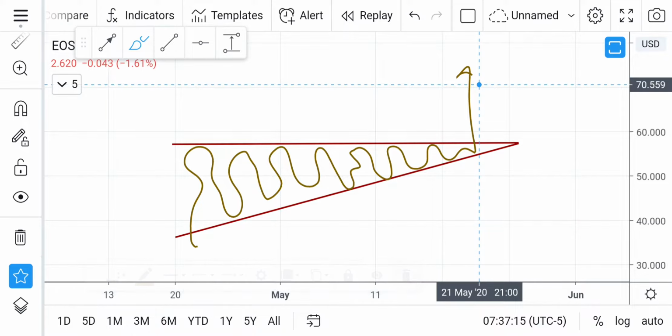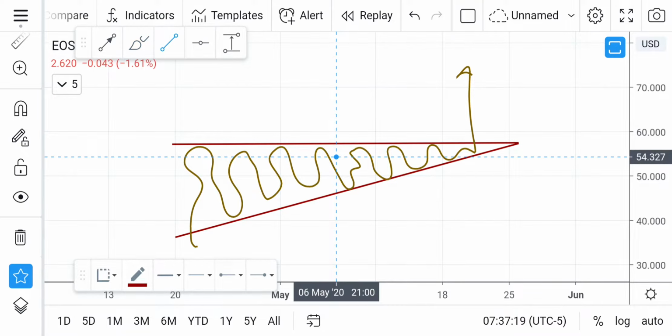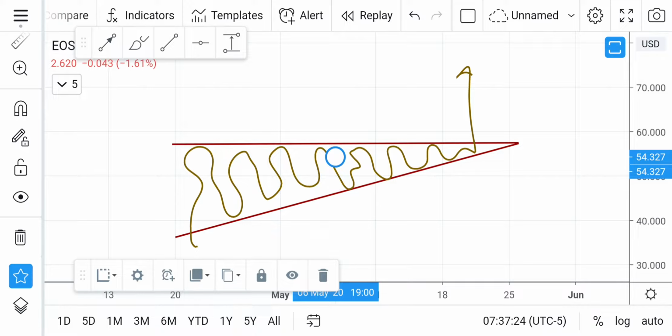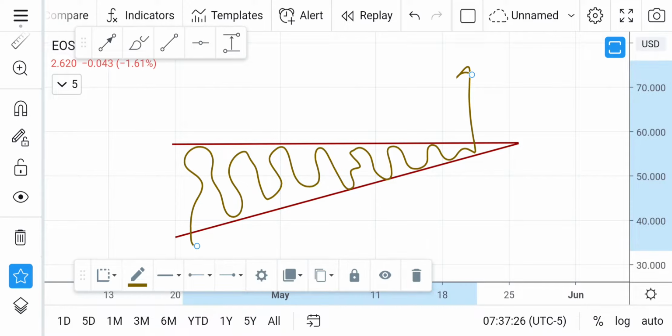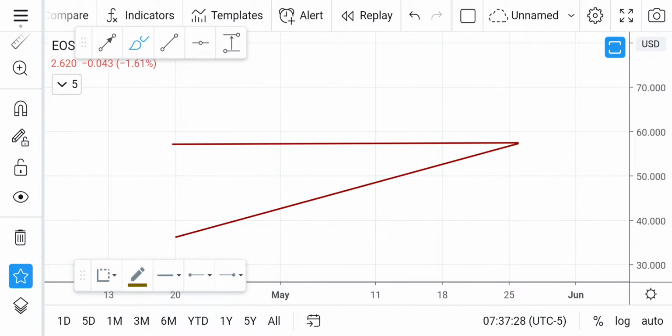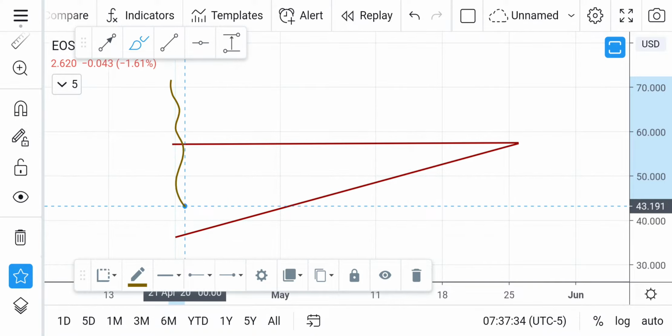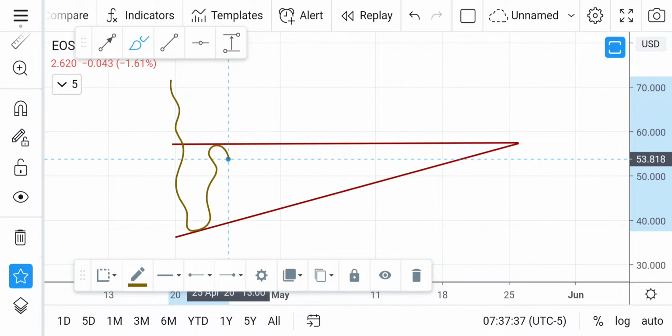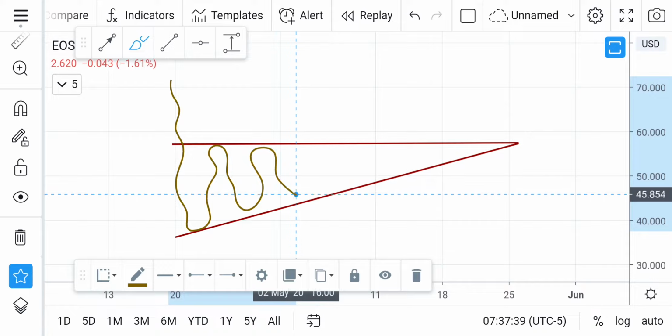But if it's a downtrend, let's say the price is below the 200 period moving average, and you have price moving like this, down, up, down, up, down.